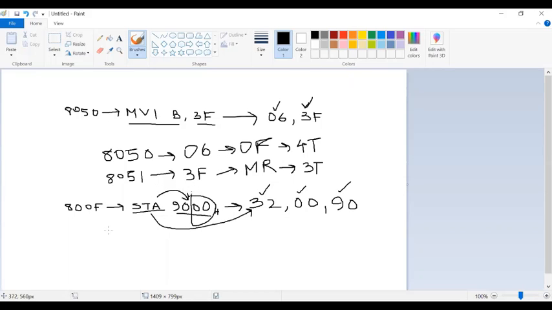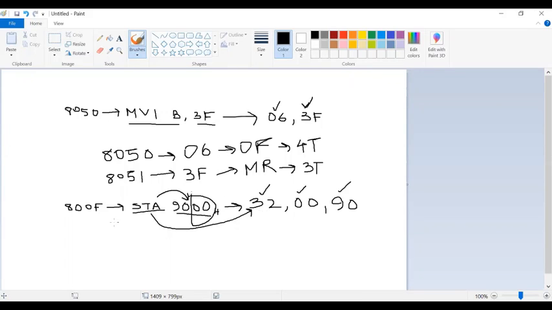STA 9000 means 320090, the same thing. This one is called assembly language and this one is called machine language. Assembly is identified by the user or programmer, and machine language is identified by the machine or the processor.